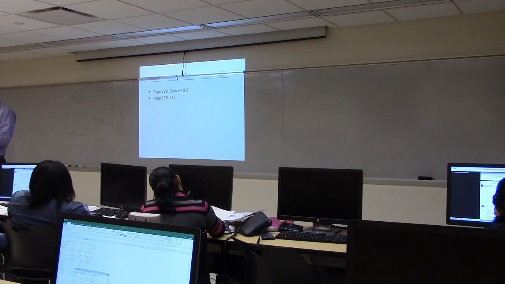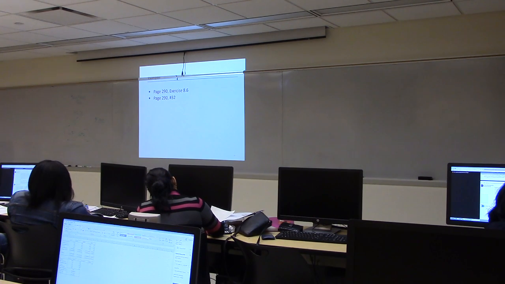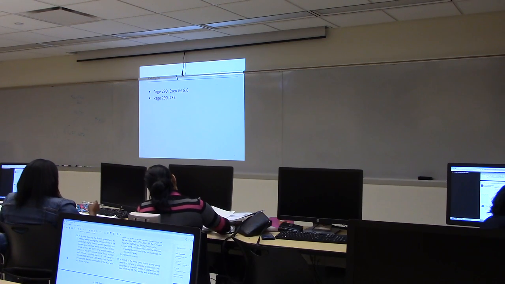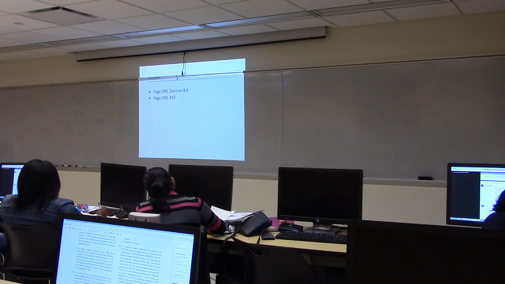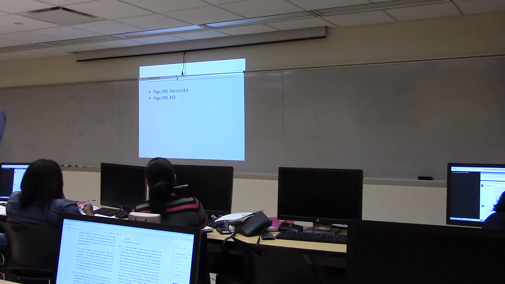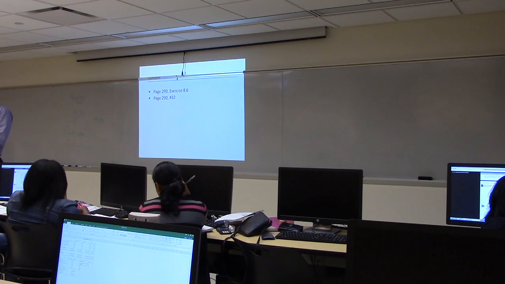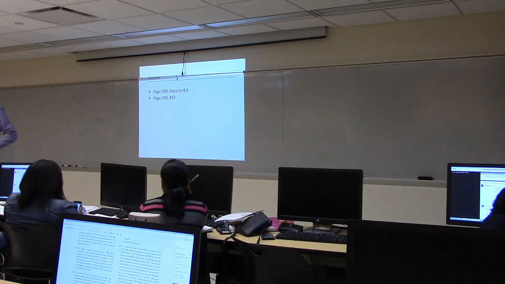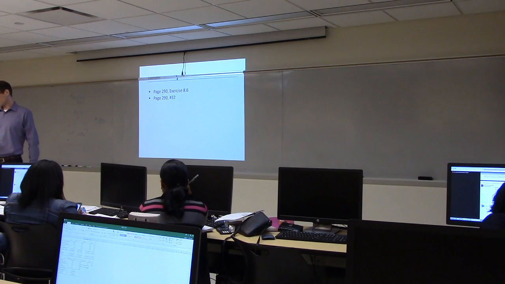So let's find the confidence interval for the actual difference. Our point estimate difference is 22.3 minus 17.6, which is 4.7. But we need to add a certain number of standard errors to that.